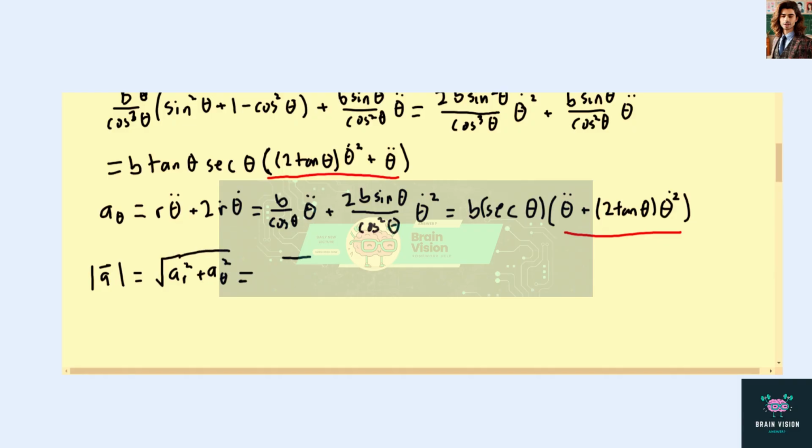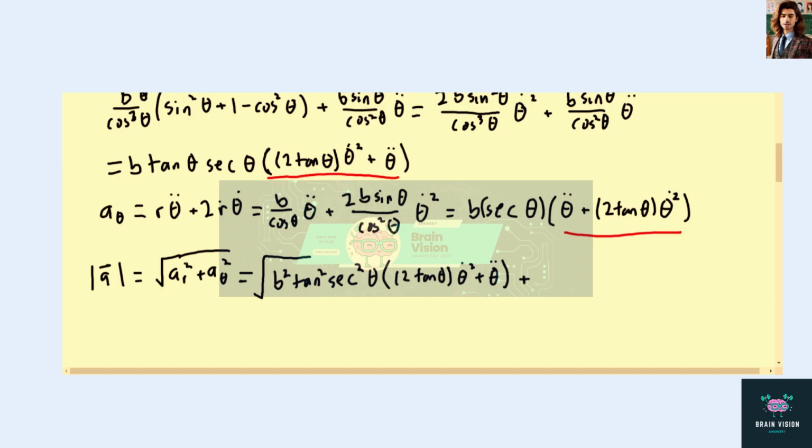All right, so our a sub r, and see, so we've got a b tangent theta secant theta, because a b squared tangent squared secant squared theta, and our 2 tangent theta theta dot squared plus theta double dot.